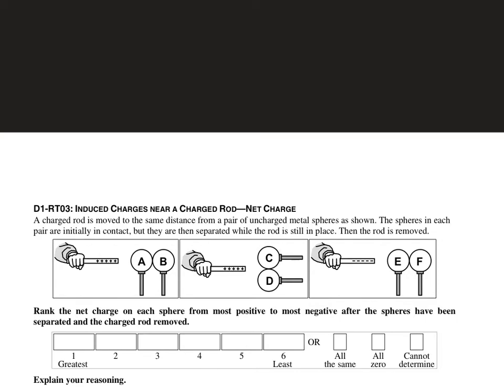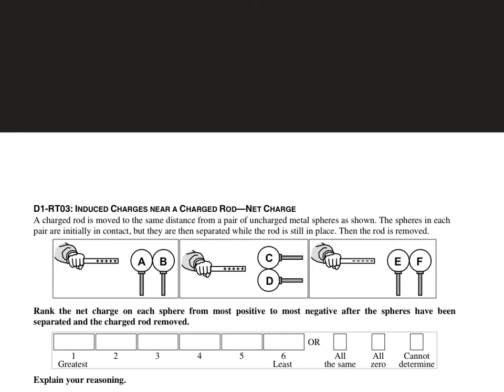So in the AB configuration, a positively charged rod will be brought near, so we're talking about induction, not conduction. That means electrons that are on B will do their best to get as far into the A sphere as they can.